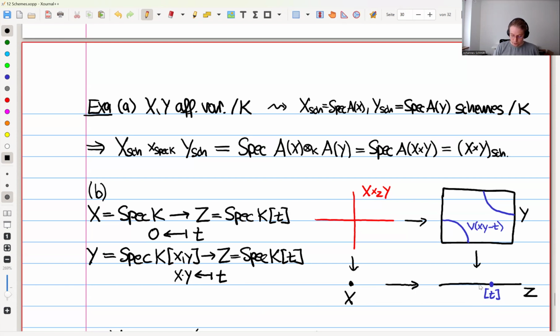And so we have these two morphisms, and the diagram looks like you have here on the right-hand side this family of vanishing loci of xy = t. As t varies, you get different preimages or different fibers. And then you want to take the fiber product with the inclusion of this point inside the affine line. And what turns out is that you exactly get the fiber of this map over this point. So the preimage will exactly be the scheme associated to this coordinate cross.